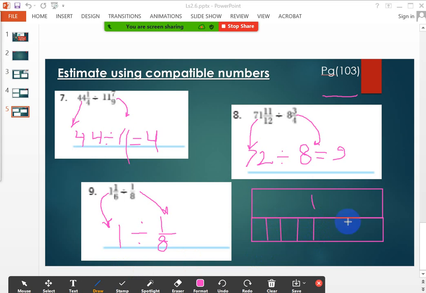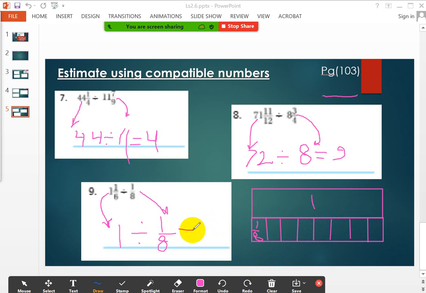Can you tell me what the number will be? I think the number will be 8. Very good. That's right, Selma. So the number will be 8 because each one is 1 over 8. If I count the number of parts: 1, 2, 3, 4, 5, 6, 7, 8.